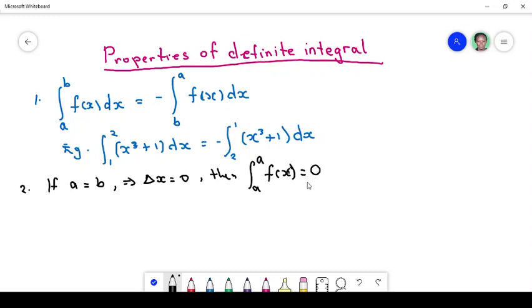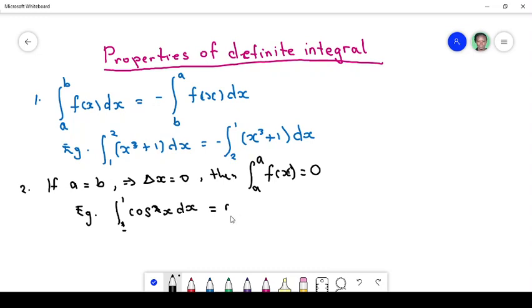Because if the change in x is equal to 0, if you multiply by all other variables, it goes to 0. So for example, if I have the integral from 1 to 1 of cos squared x dx, because the limits are equal, it means that this is equal to what? 0. That's property 2.